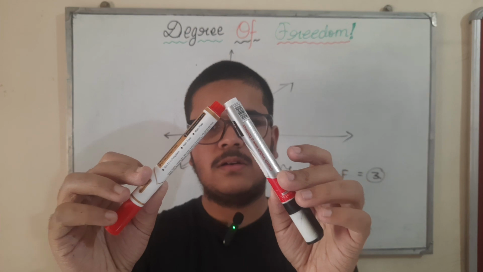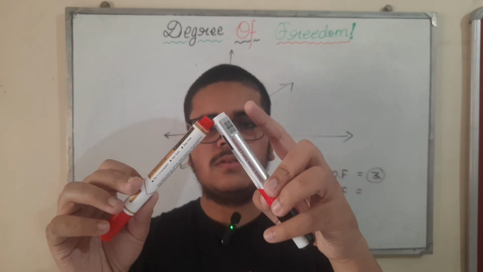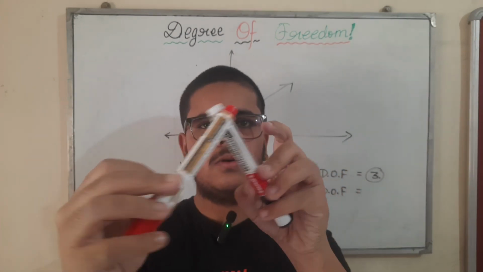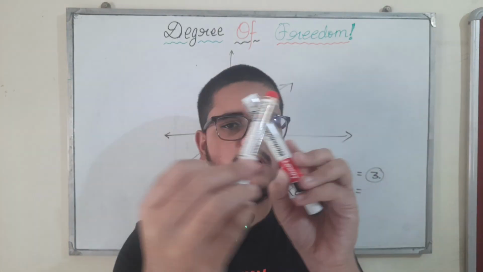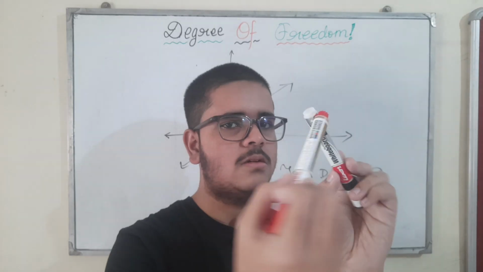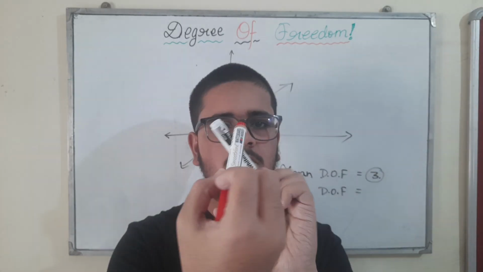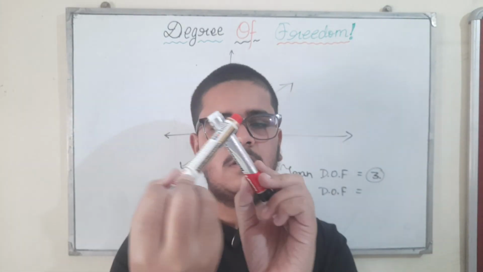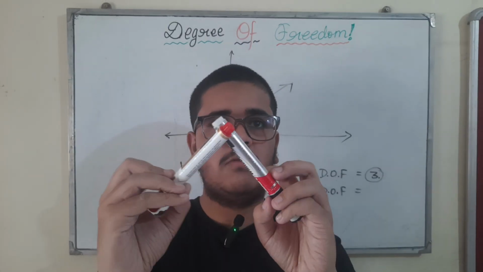Now I have the x-axis passing through here. I can rotate it like this about the x-axis. It's a perceivable rotation. Now I can rotate it about the y-axis.